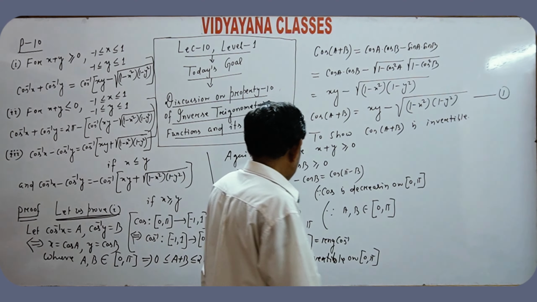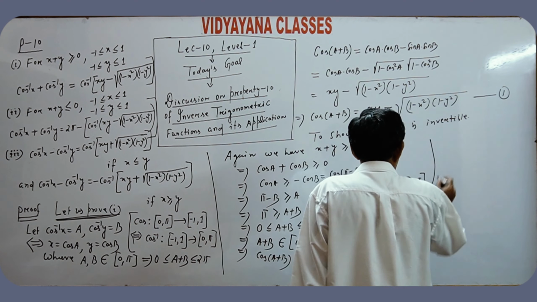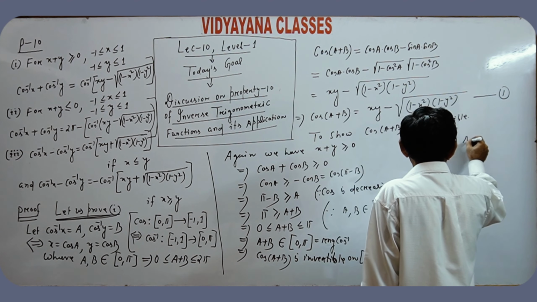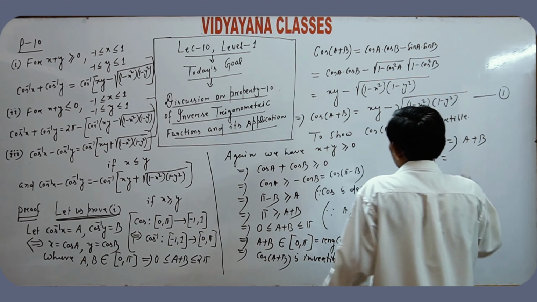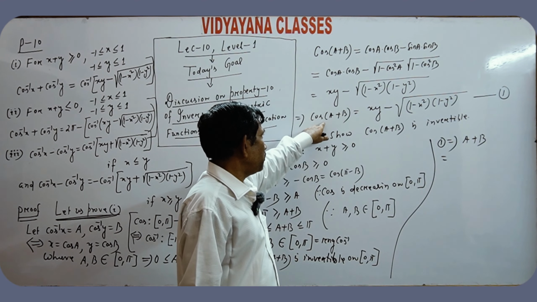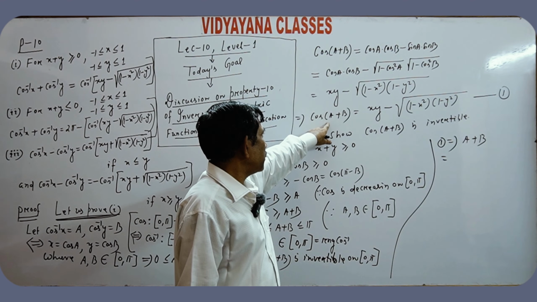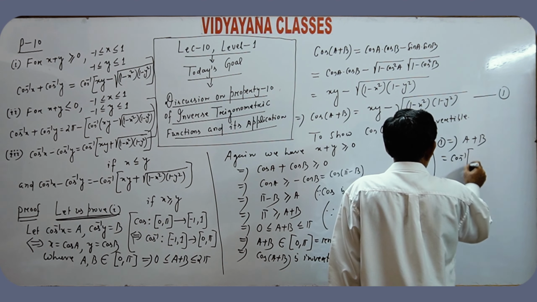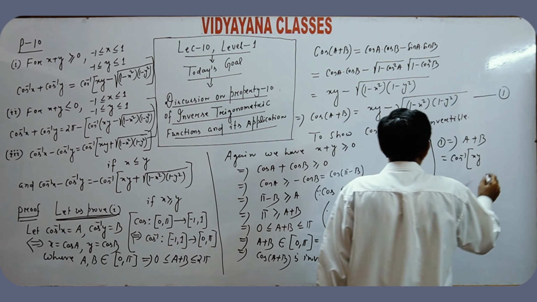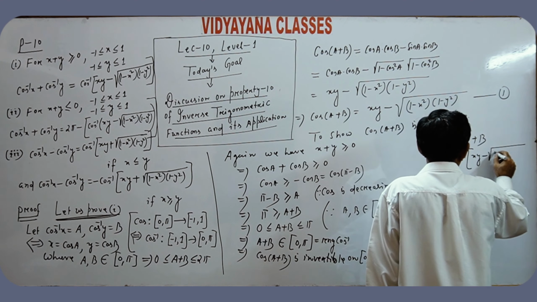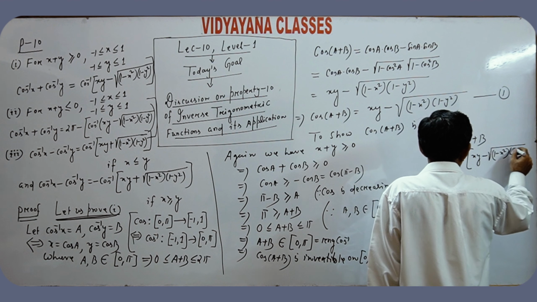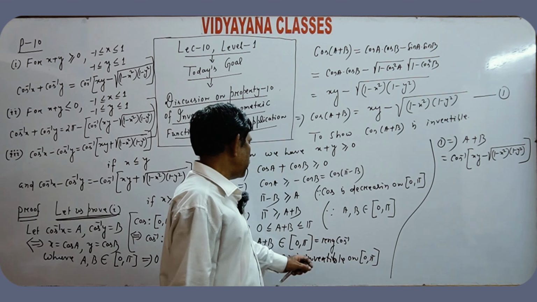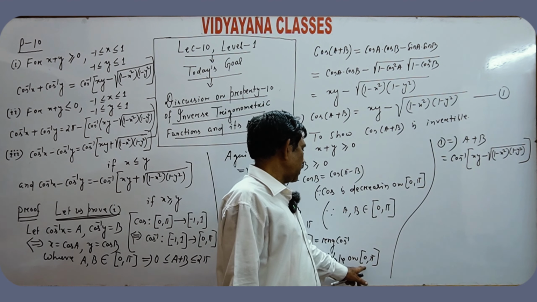Equation 1 implies a plus b. Since cos(a+b) is invertible, we can write a plus b is equal to cos inverse of xy minus root of 1 minus x square into 1 minus y square.